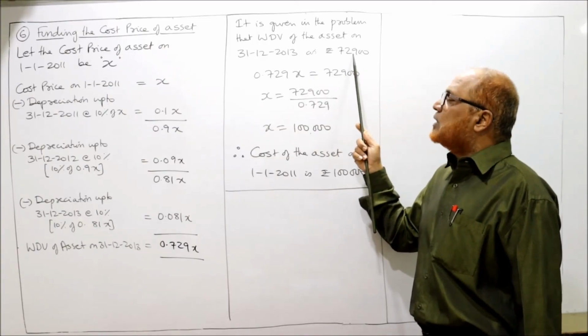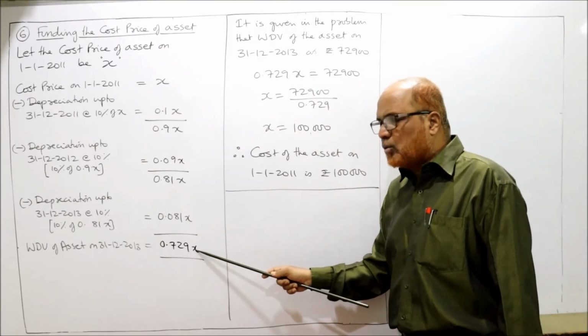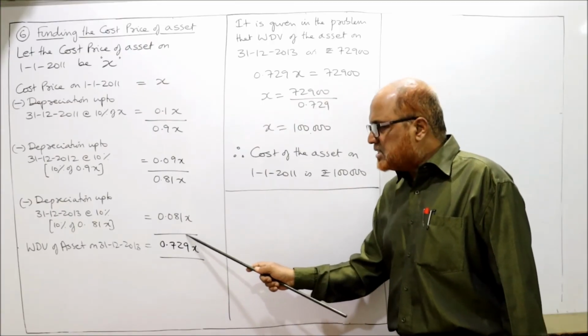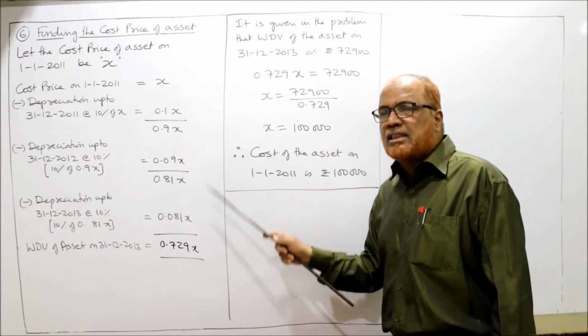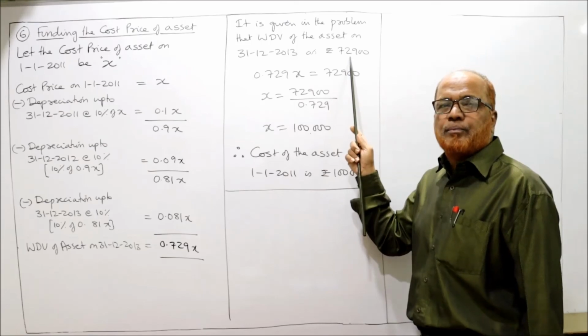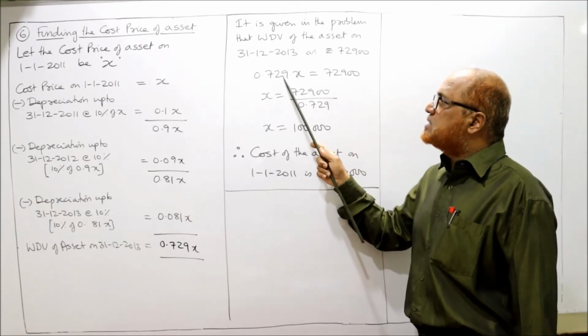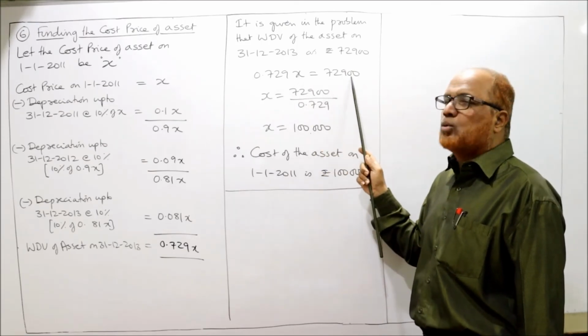Both are equal, so 0.729X is equal to 72,900.